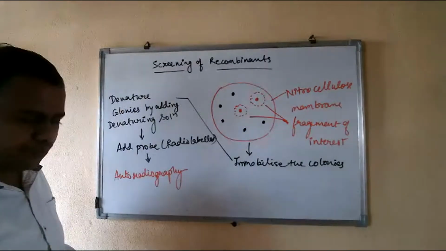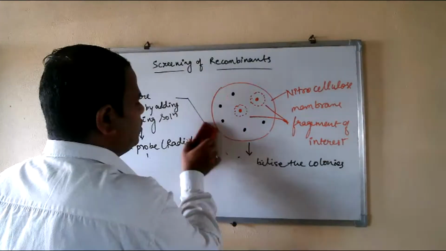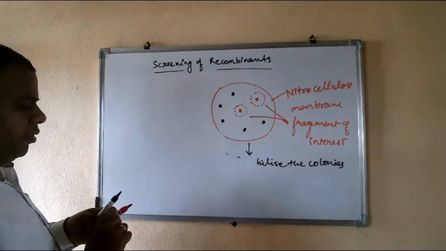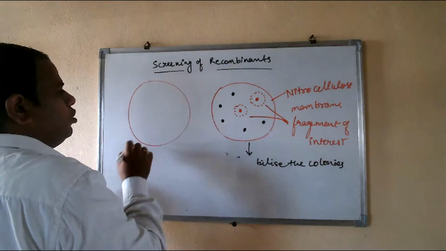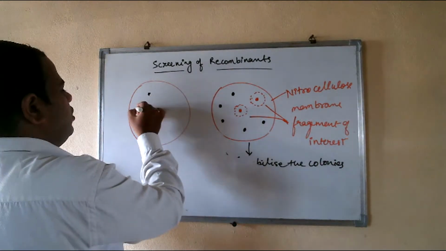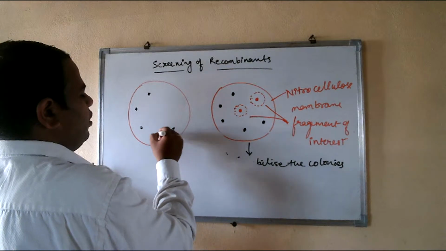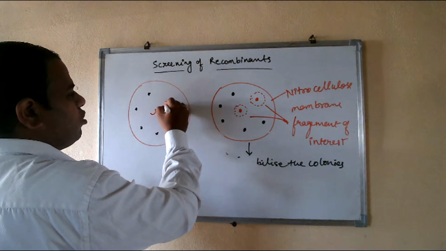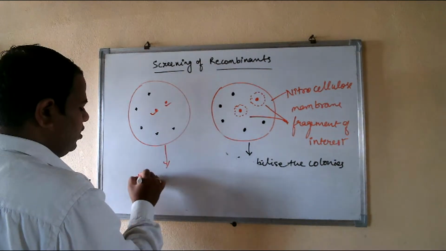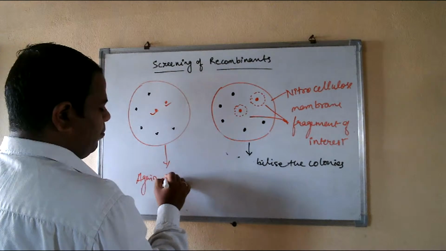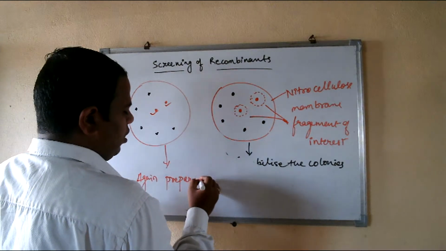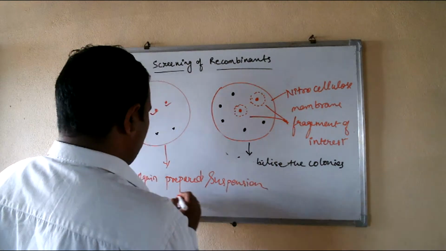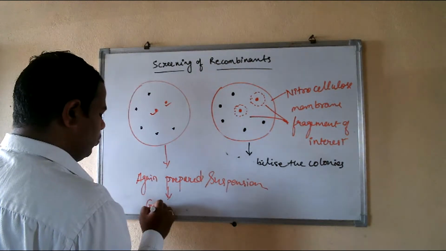Now what are you going to do? You take this membrane and, onto that plate where these two colonies were, you pick these colonies and again prepare a suspension and grow.